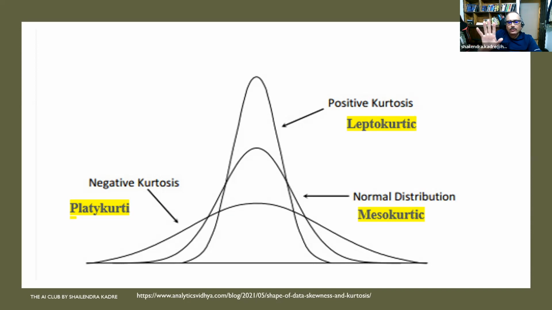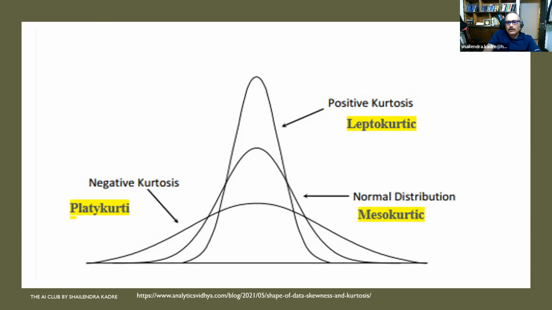I'm not defining kurtosis yet. First try to feel it. If the curve is very sharp with a high peak, it is positive kurtosis. If the curve is symmetrical but flat, it is negative kurtosis. And there will be a very pleasant looking normal curve in between, positive and negative.